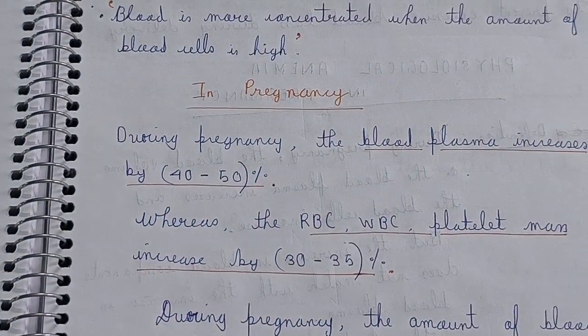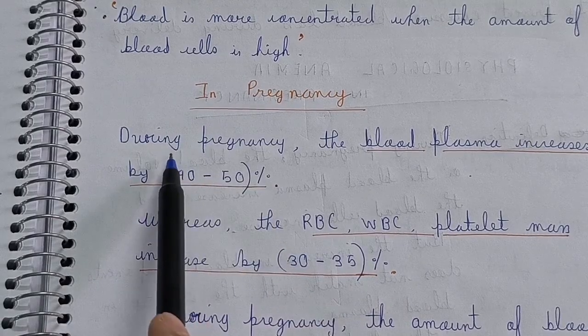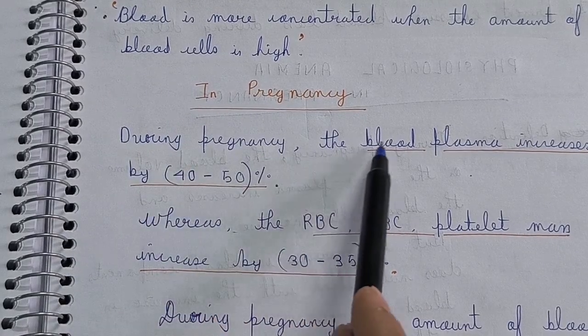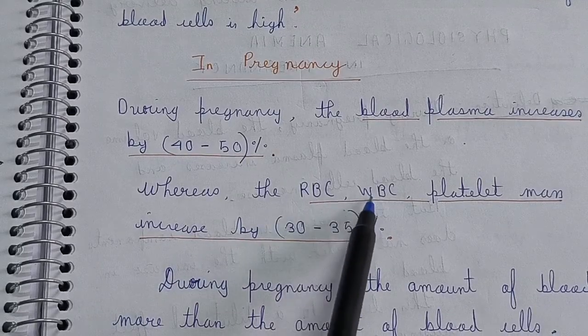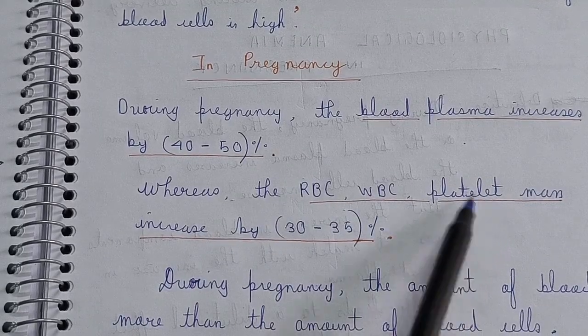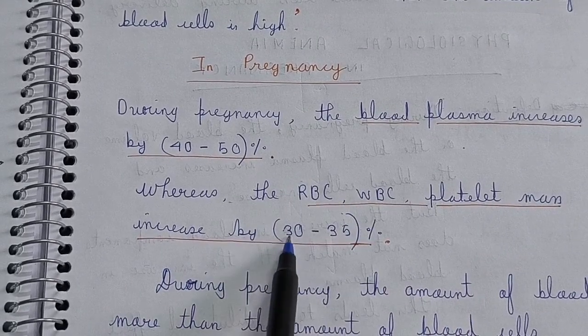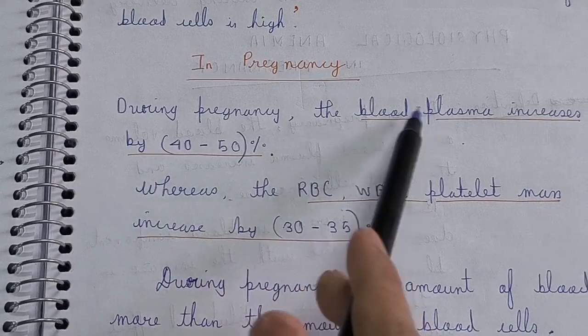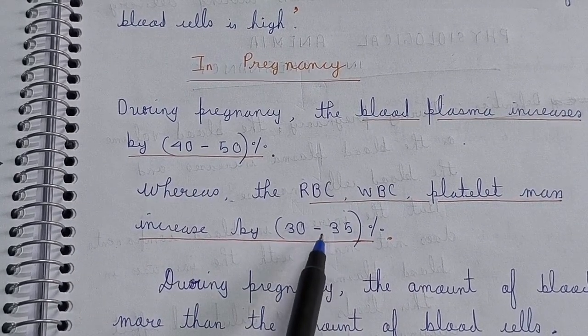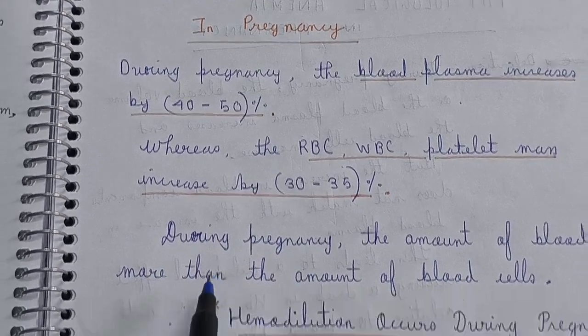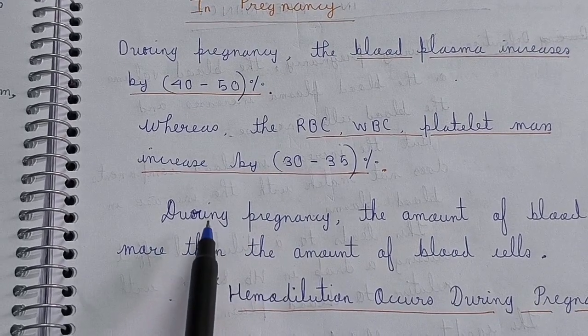Now see that during pregnancy the blood plasma increases by 40 to 50%, whereas the RBC, WBC and platelet mass together increase by about 30 to 35%. So the increase of blood plasma is more than the increase of the blood cells. Therefore hemodilution occurs.